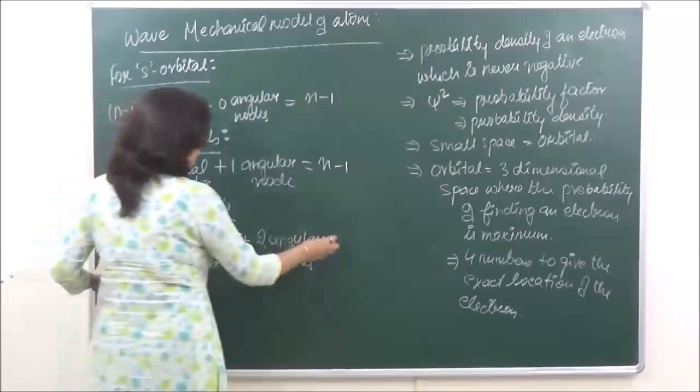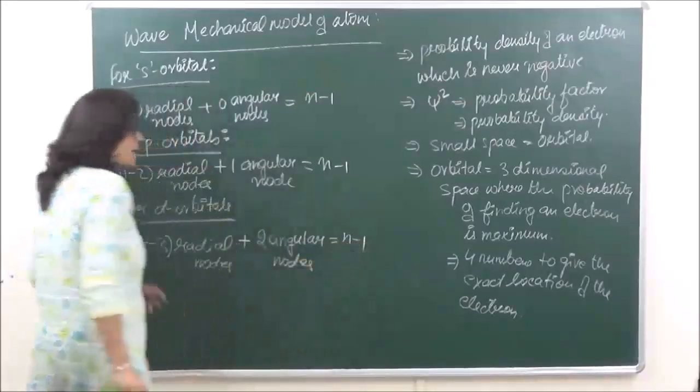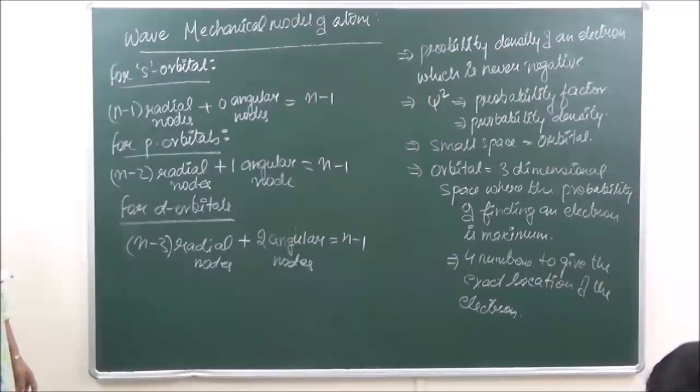So again the total number of nodes in this case will also become equal to n minus 1.